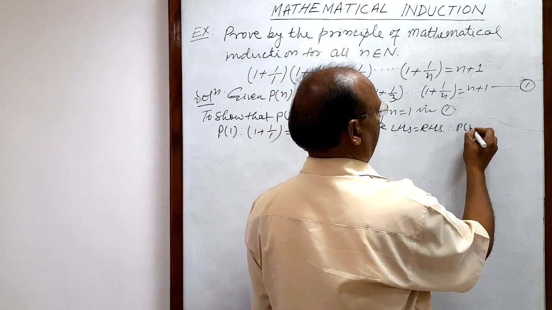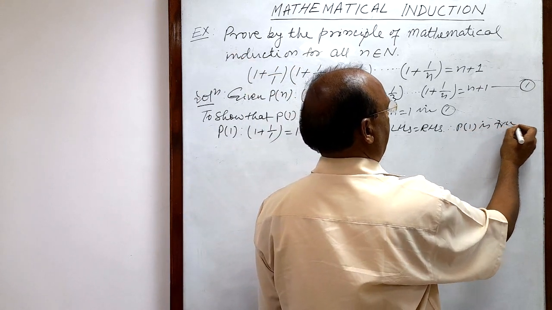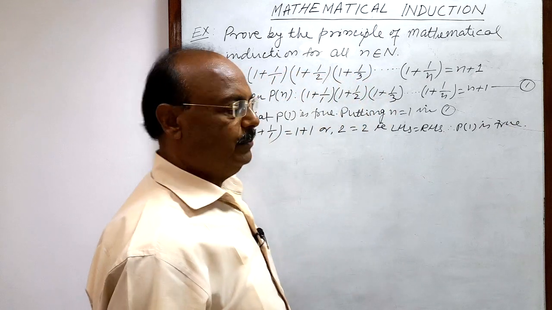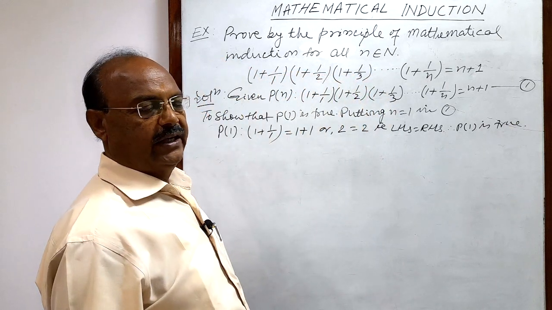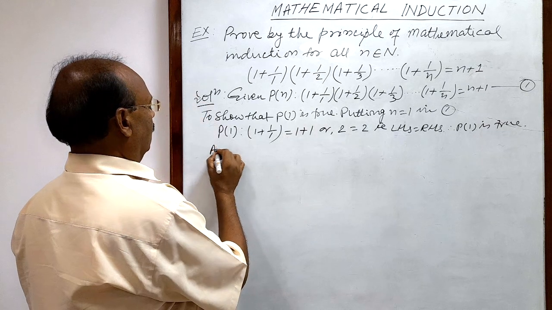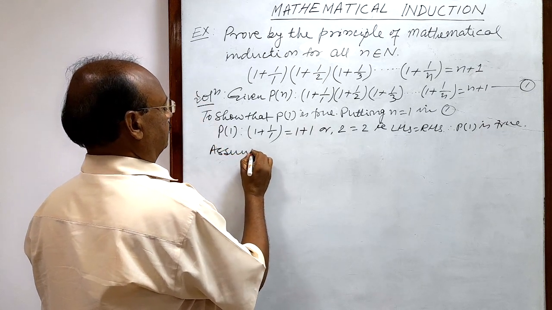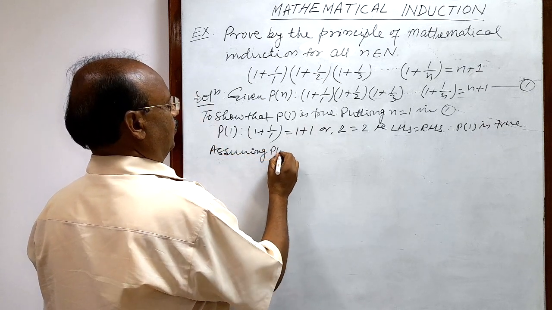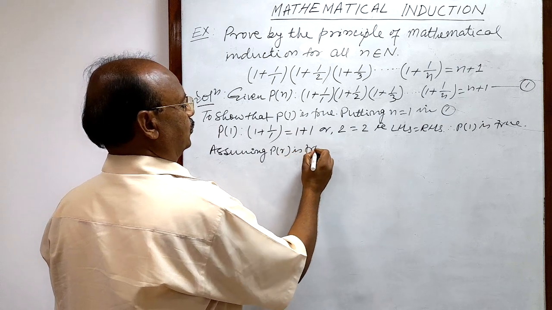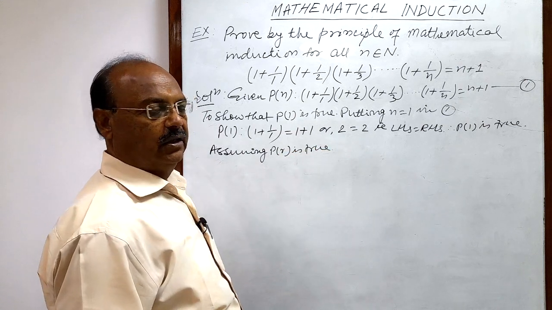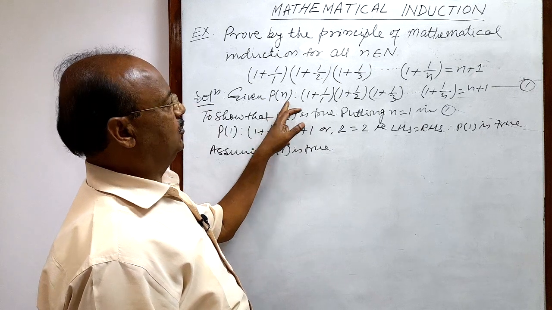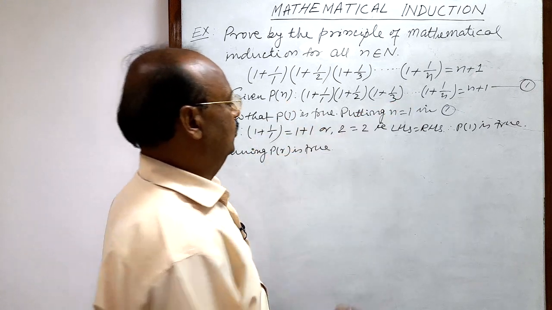Therefore, P1 is true. Now, second step, we will assume that Pr is true. How will we get Pr? By putting n equal to r in relation number 1.